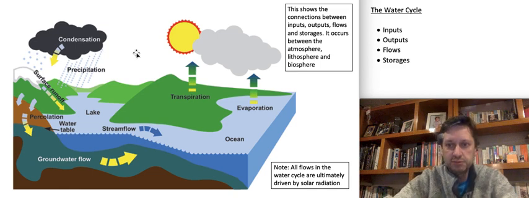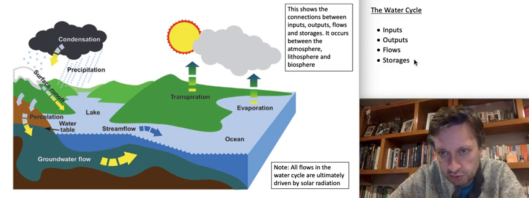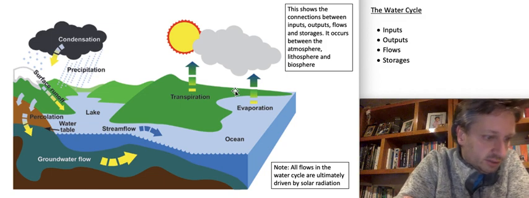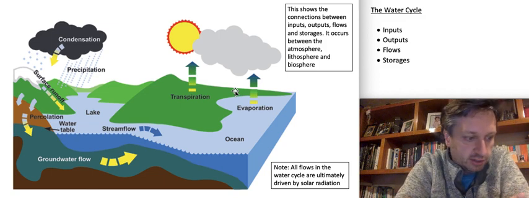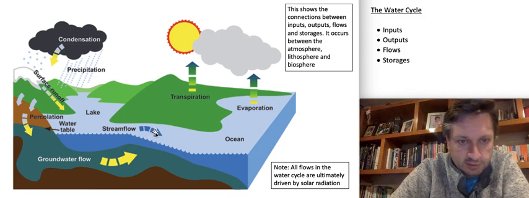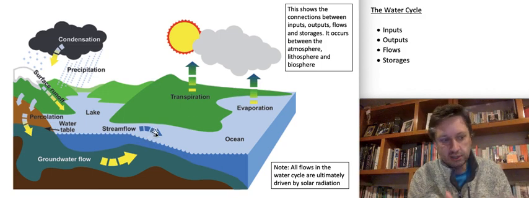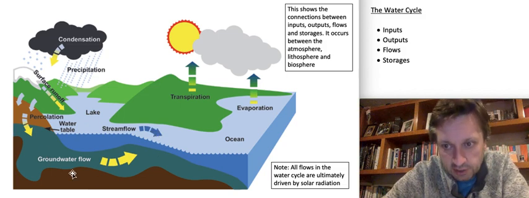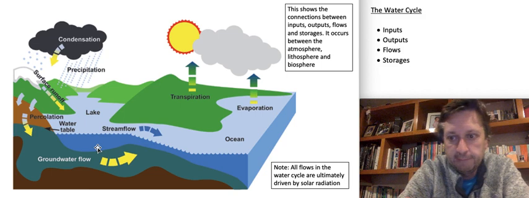Okay, so that only leaves me with one other thing, storages. So examples of storages, I've written a few down here. Well, storages occur in living things, in the soil, in water bodies like lakes and rivers, in groundwater. Groundwater is a good example of storage.